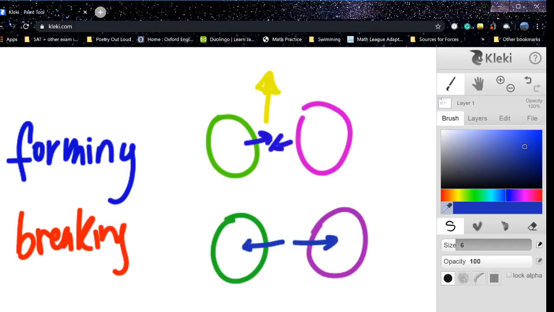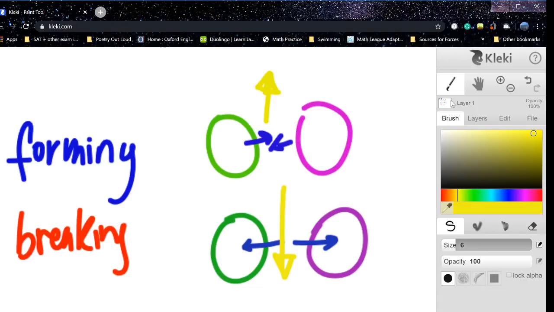That requires some force, right? Because there are two things that are attracted to each other, and therefore energy is required to make this process happen. An outside force is required to break the force of attraction that is between these two molecules, or sorry, these two atoms.